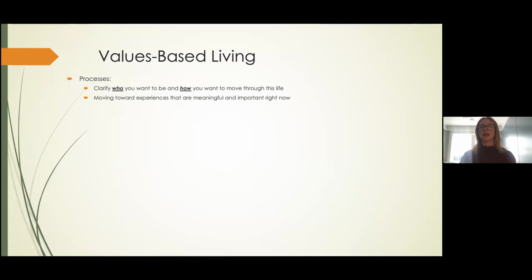So for example, and we're going to walk through some values exercises, but let's say someone identifies honesty as a value, or kindness through one of the strategies that we do together. That day before someone leaves, we can say, what is something you could do today that would feel like an act of kindness? That if you did that, you would feel like, I have embodied kindness today. And most people can think of something.